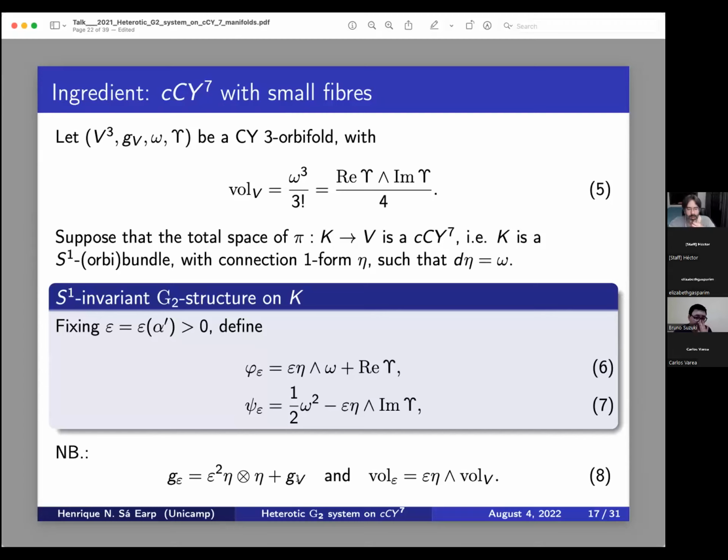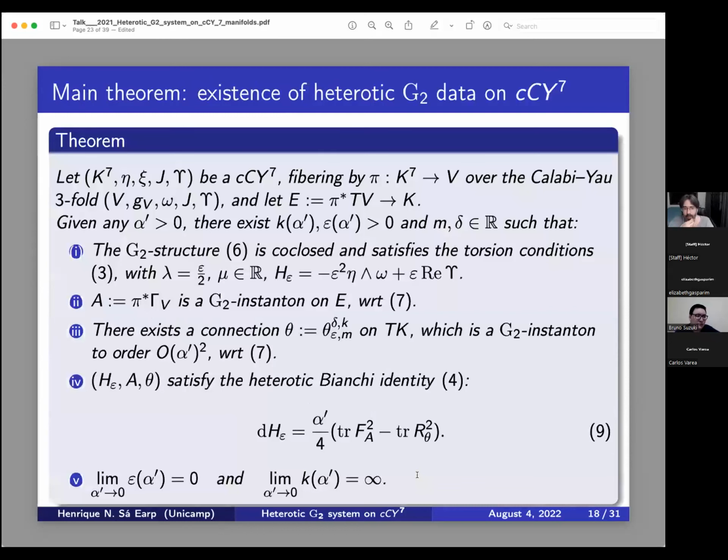it doesn't really change the metric on the base, and similarly just scales the volume accordingly. So now think of a circle fibration where we get to choose the length, the diameter of the fiber. Now here's a big theorem saying everybody comes together nicely.